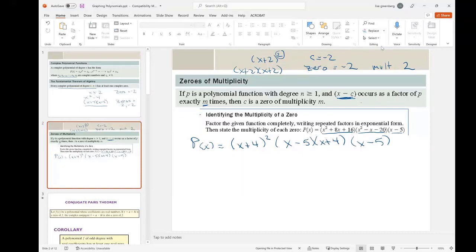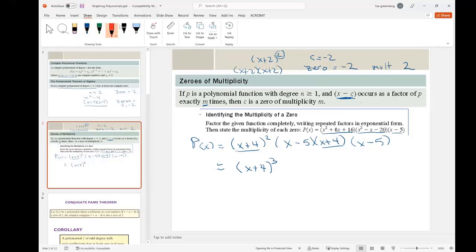So let's put them together. I have x plus 4 squared, x plus 4, which means I have x plus 4 to the third power. And then I have x minus 5 and x minus 5. So I have x minus 5 squared.